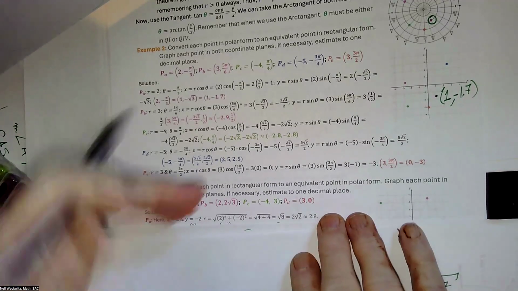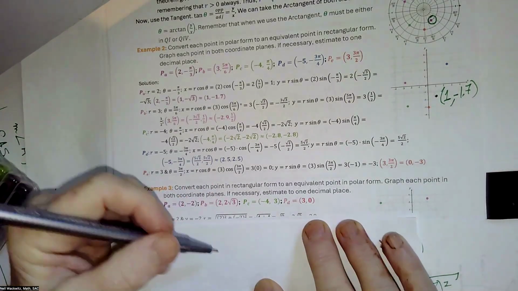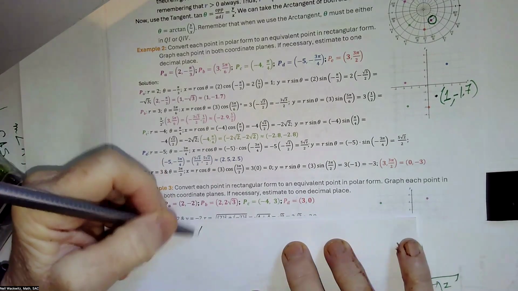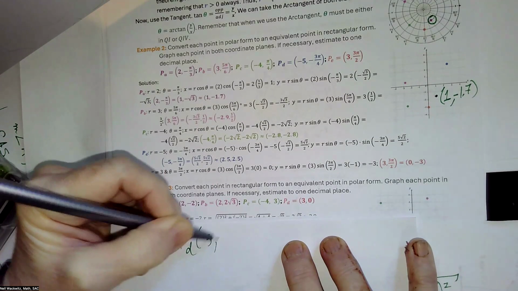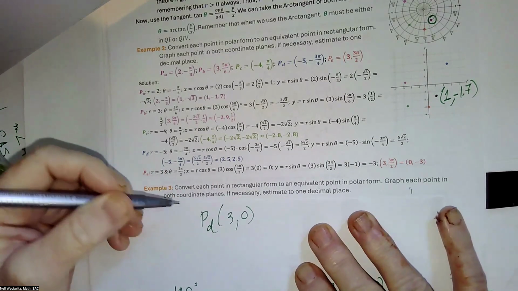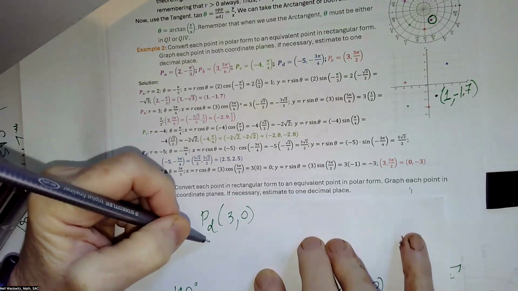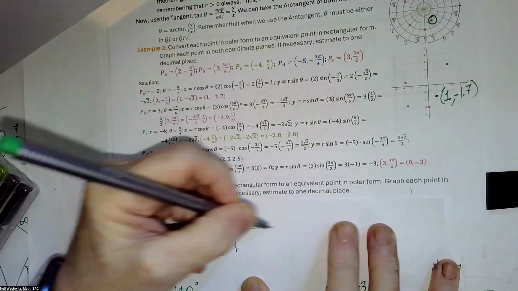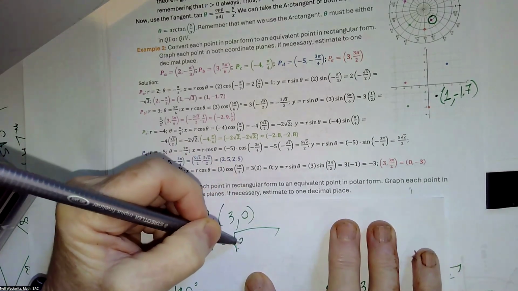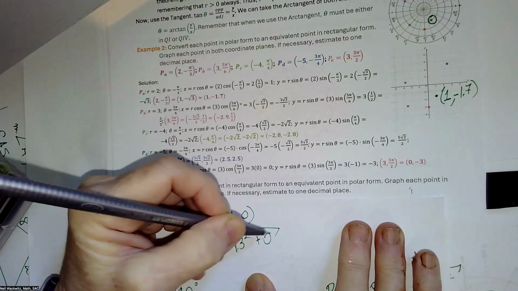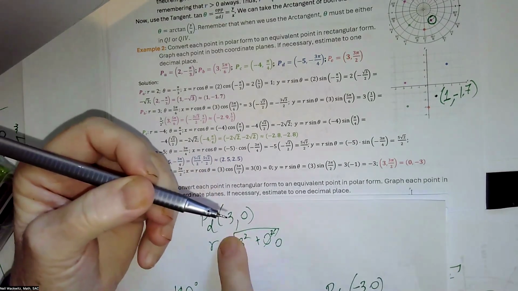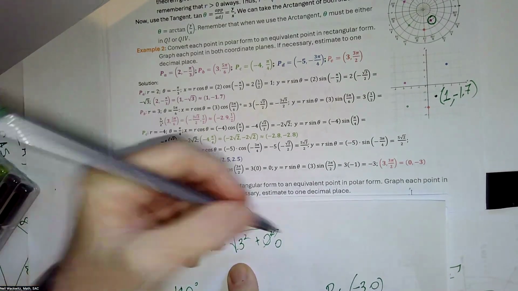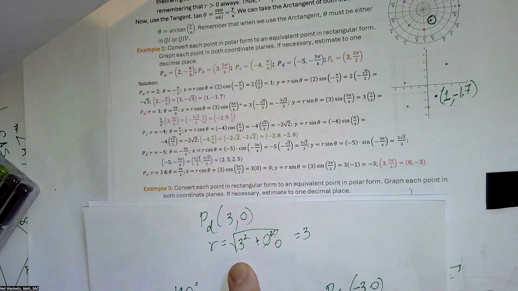And we've got one more. Point D in rectangular coordinates is 3, 0. To find R, we're going to have the square root of 3 squared plus 0 squared. Well, 0 squared is 0. 3 squared is 9, and the square root of 9 is 3. That's kind of groovy.